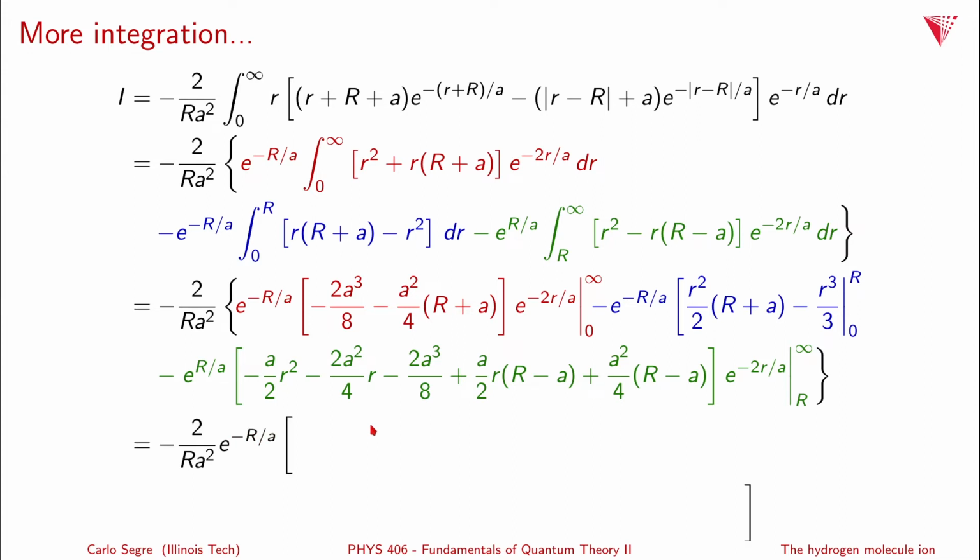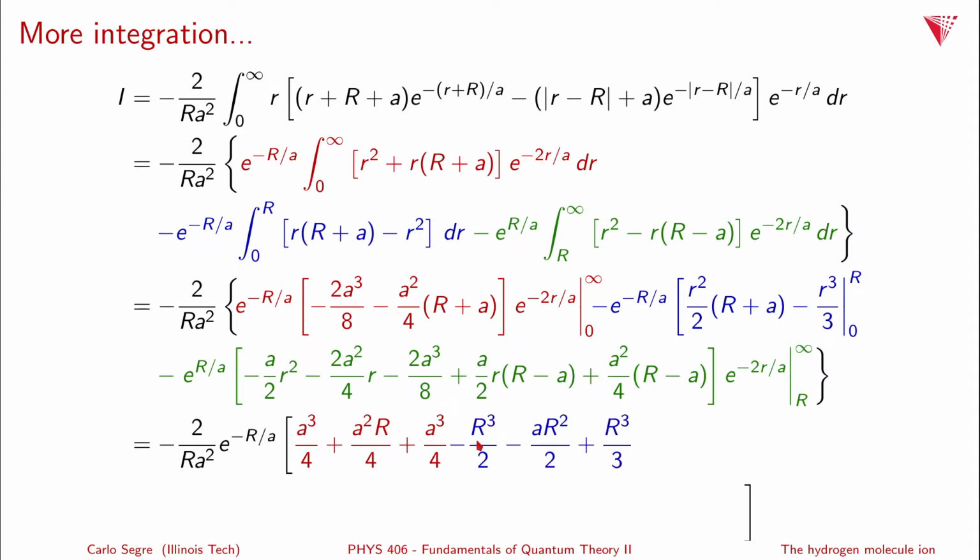And we can write that down then by pulling out first our common terms, which are minus 2 over capital R a squared e to the minus capital R over a. It's a common term for this, common term for this, and a common term for this once you drop in the capital R here and you multiply this out. From the red integral, in the red terms, you get a cubed over 4 plus a squared capital R over 4 plus a cubed over 4.